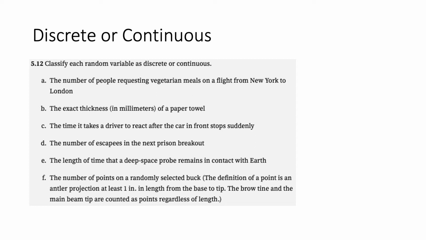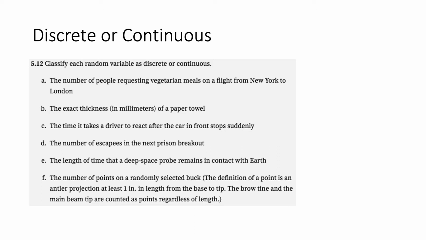Typically a discrete random variable takes on counted values, so these are whole numbers, usually not including decimal places, whereas a continuous random variable is usually something that is measured. It usually takes on real numbers, and these numbers can very easily take on decimal places, where the precision is limited to how good the instrument you're using to measure is.